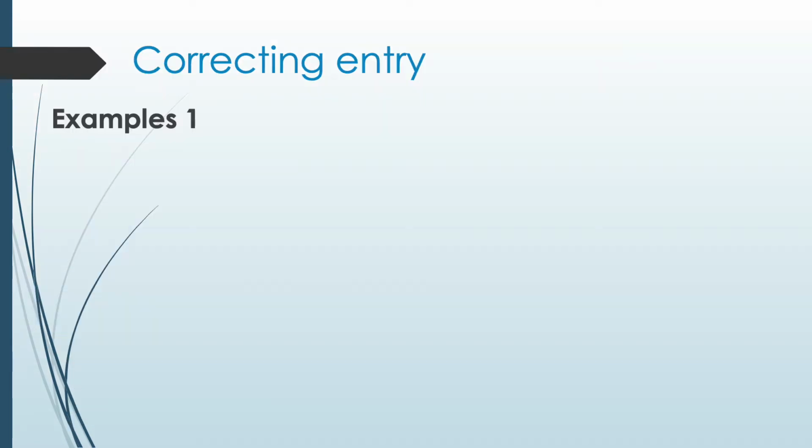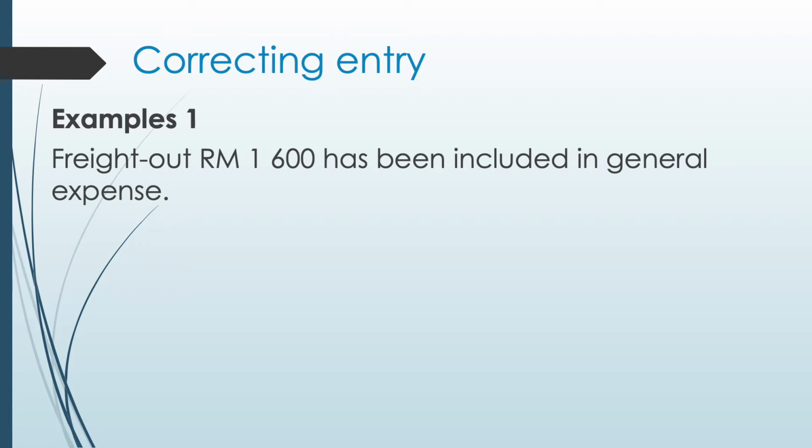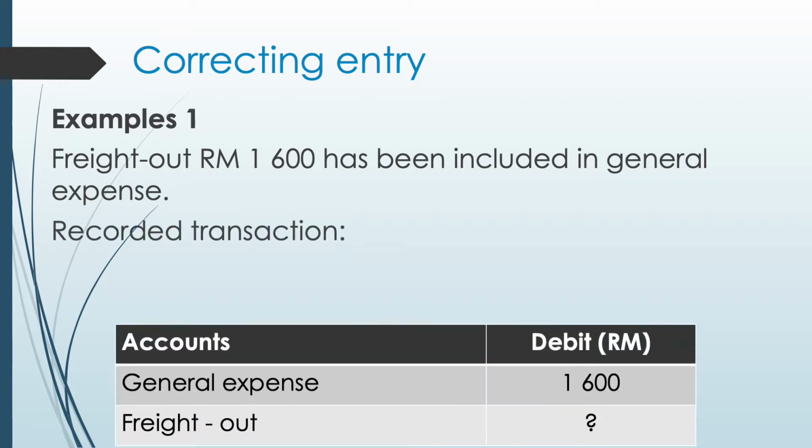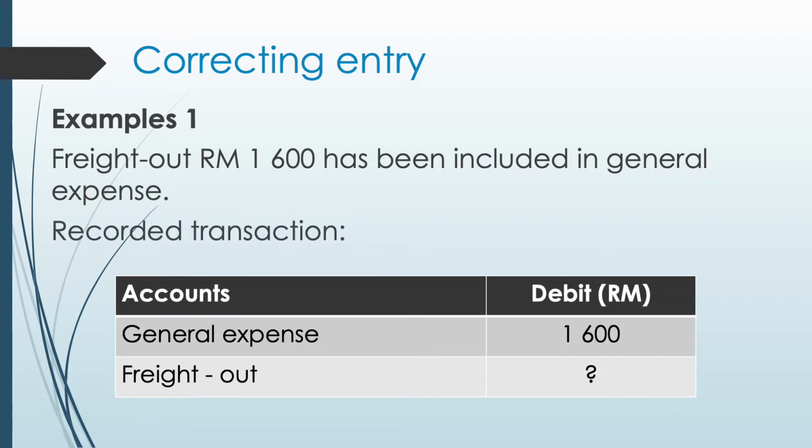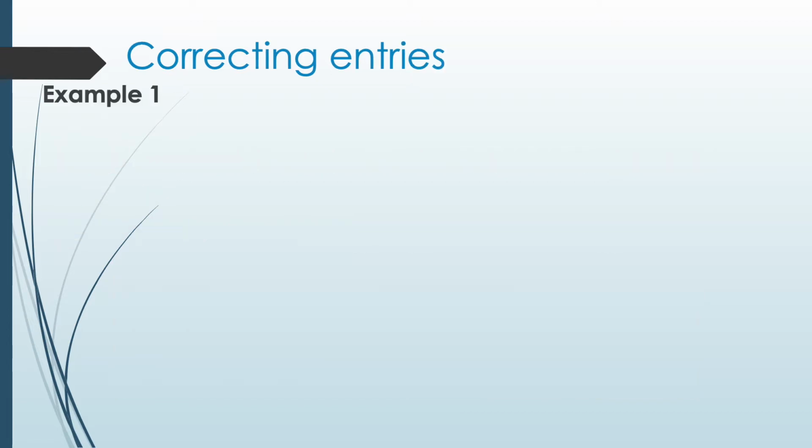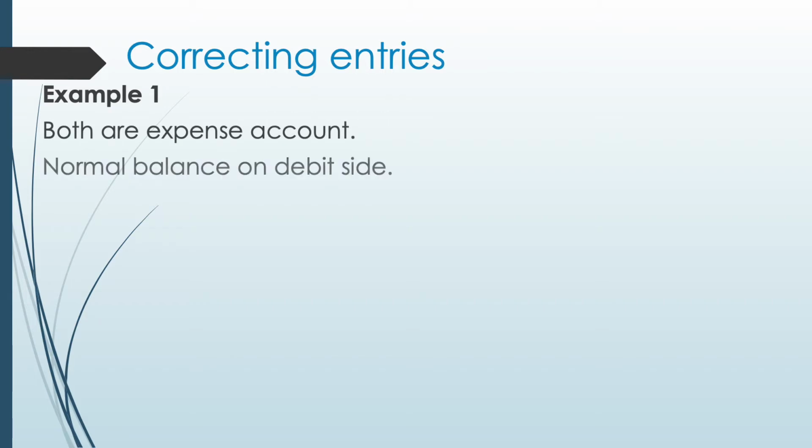Example 1. Freight out 1,600 ringgit has been included in general expense. Recorded transaction: we recorded in general expense 1,600, but we did not record in freight out. Both are expense accounts, normal balance on the debit side.